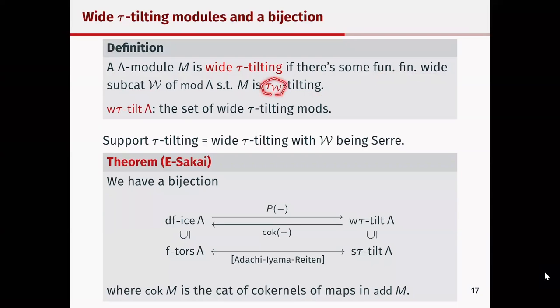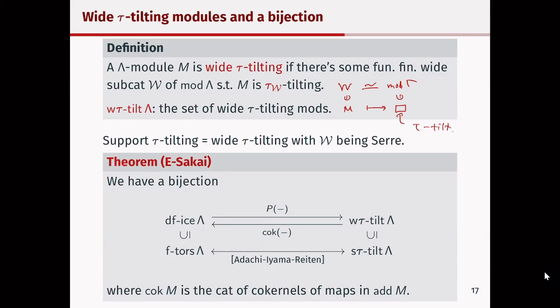So this tau is different from the Auslander-Reiten translation in mod lambda; it is the Auslander-Reiten translation in this abelian subcategory W. The precise meaning is that since W is functorially finite, W is equivalent to some module category, and M is tau_W tilting if the corresponding gamma module is a tau-tilting gamma module. This is the precise meaning of tau_W tilting.